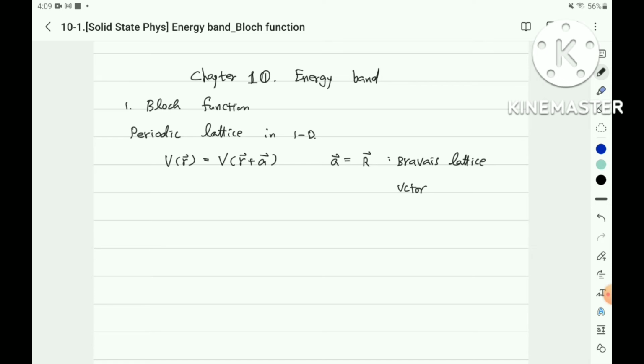In that case, we can think of one person as a representative of all the other persons. Electrons are like this. Therefore, we call it the independent electron approximation.